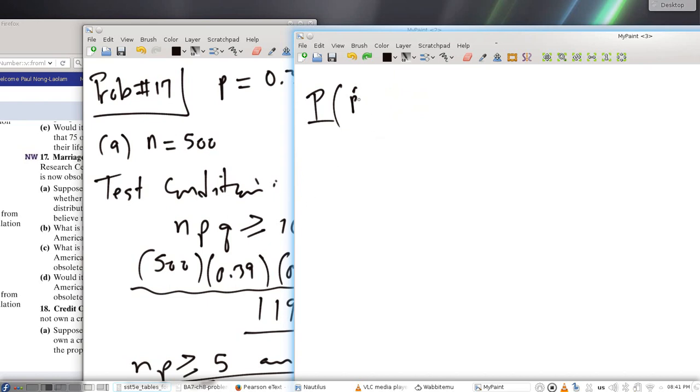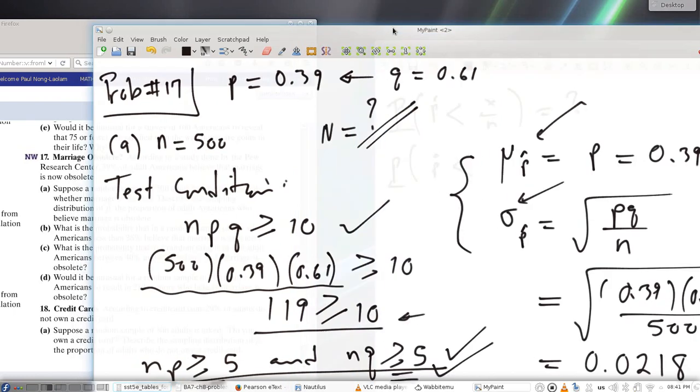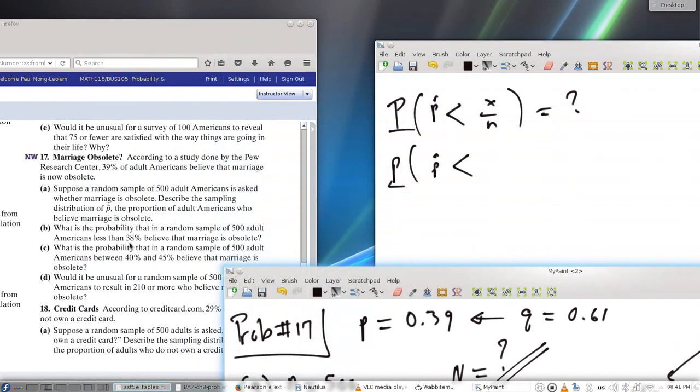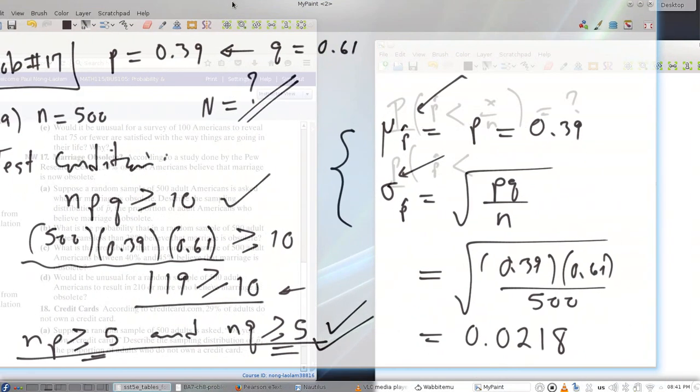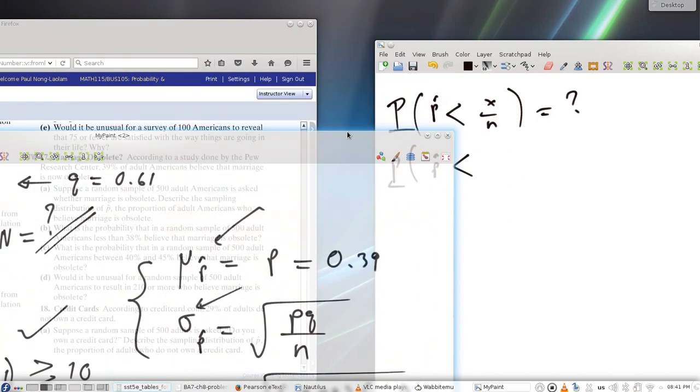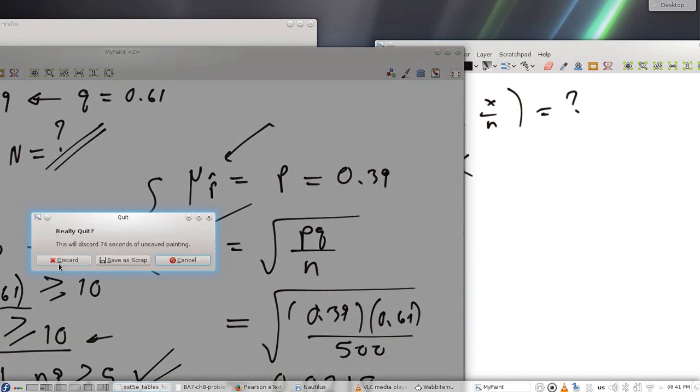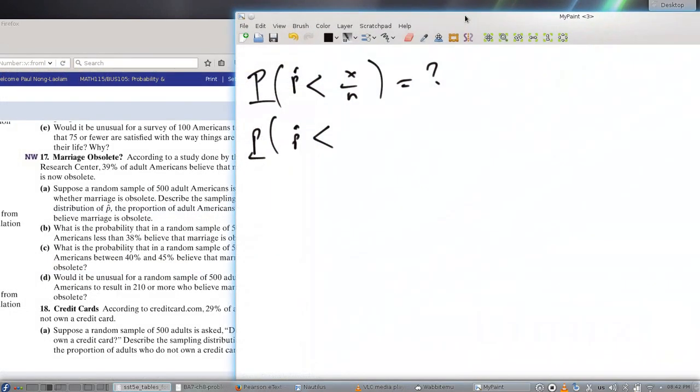We want p hat, which is x over n, to be less than 38%. So we have P of p hat less than 0.38. The point estimate right here is 0.38.